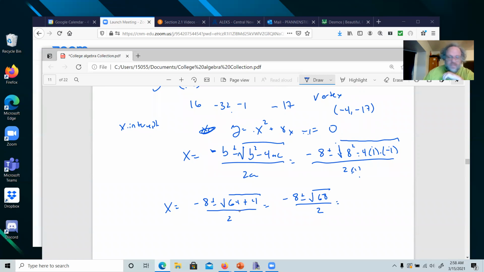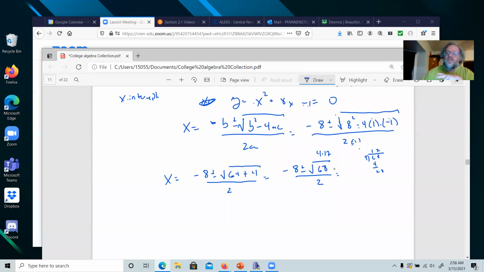Let's see. We could say something about 68 being equal to 4 times 17, I believe. 4 goes into 68 17 times. So what I'm looking for here is that 68 is equal to 4 times 17.